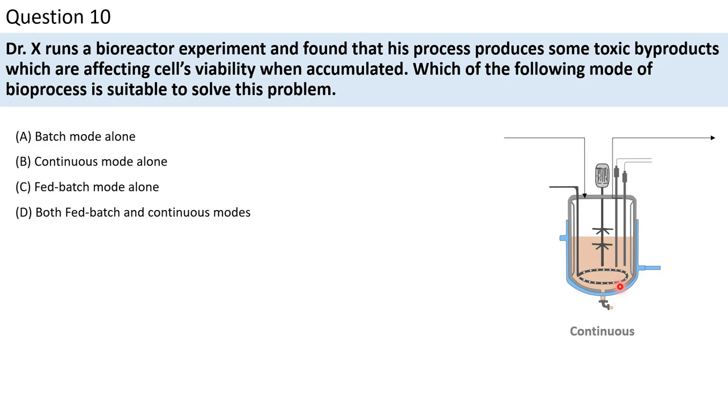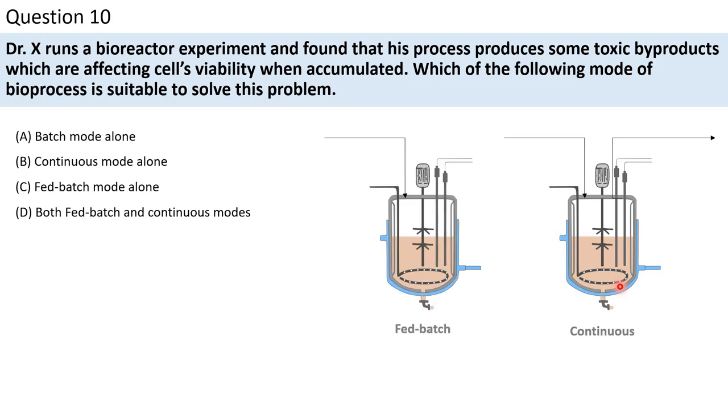So we can make sure the fermentation broth is being removed, while the cells are being pumped back to the reactor to avoid cell loss, whereas the fermentation broth which is removed will be taken for further purification, so that we avoid accumulation of the lactic acid in the fermentation broth. So the continuous mode of operation is one of the right answers.